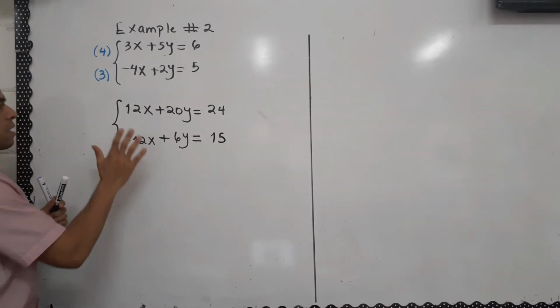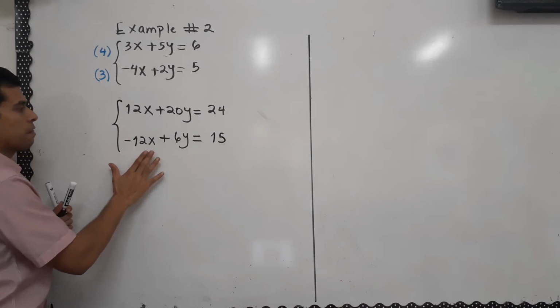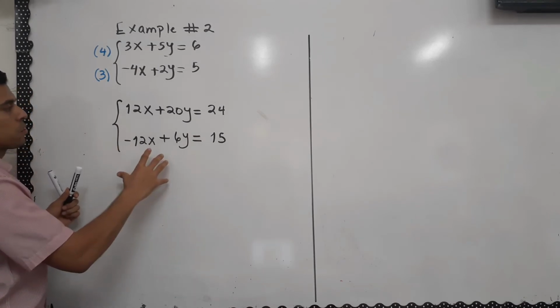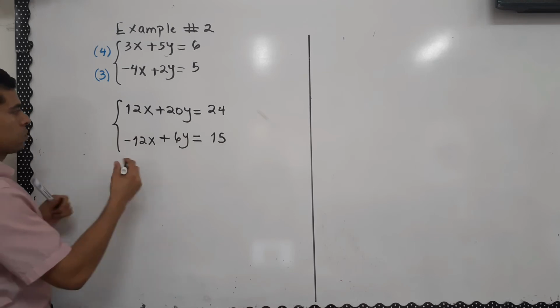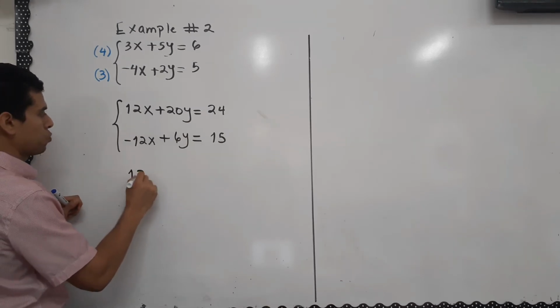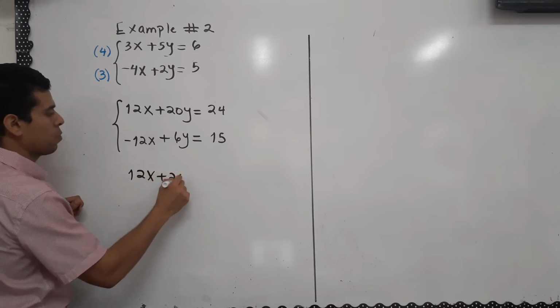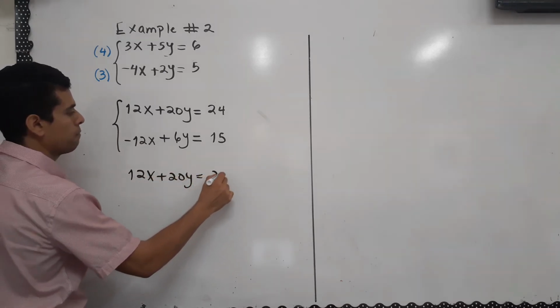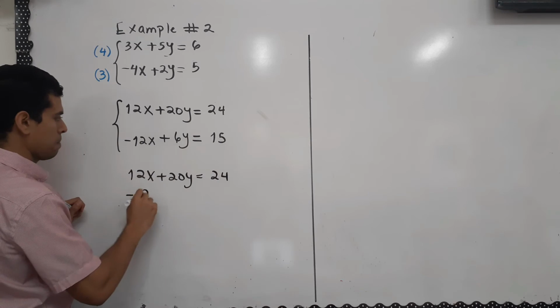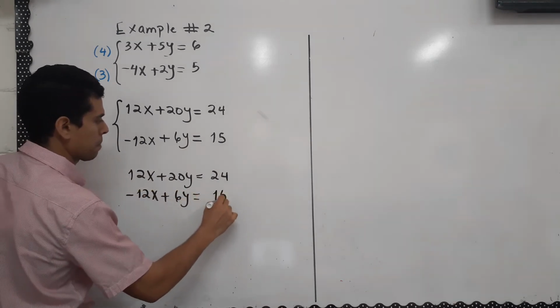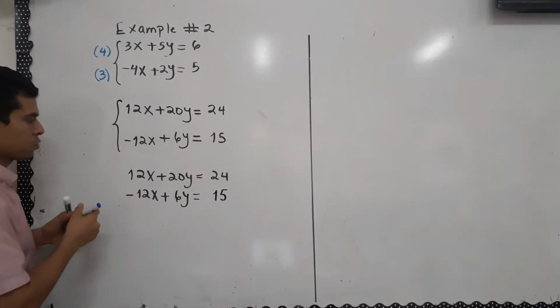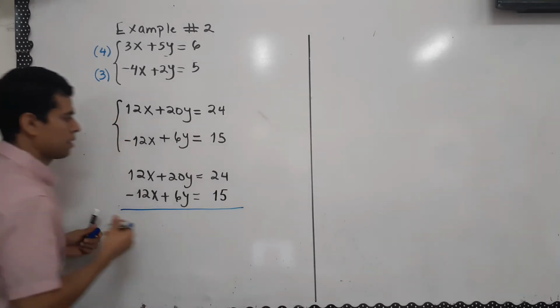Okay? Now, we are in this step that is similar to exercise number 1. So in this case, I'm going to copy this. It's going to be 12x plus 20y equal to 24. And here the same. Then I'm going to eliminate the like terms.